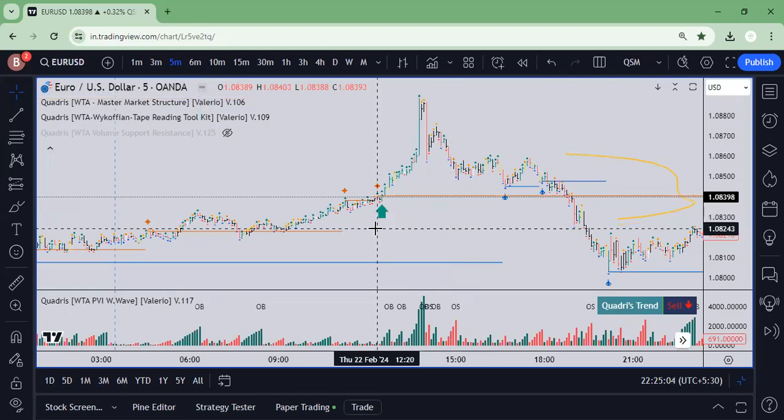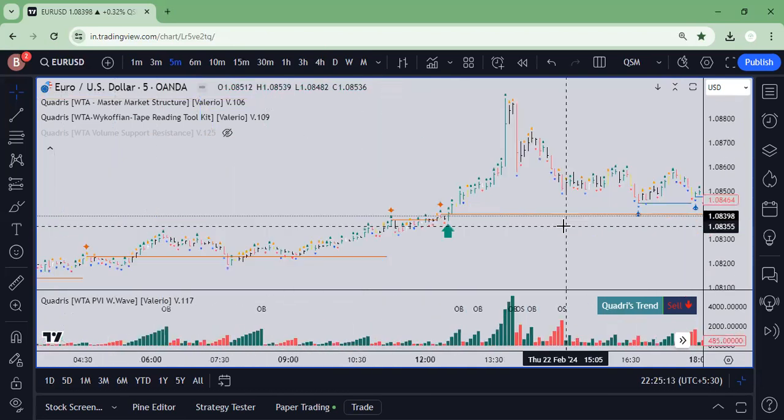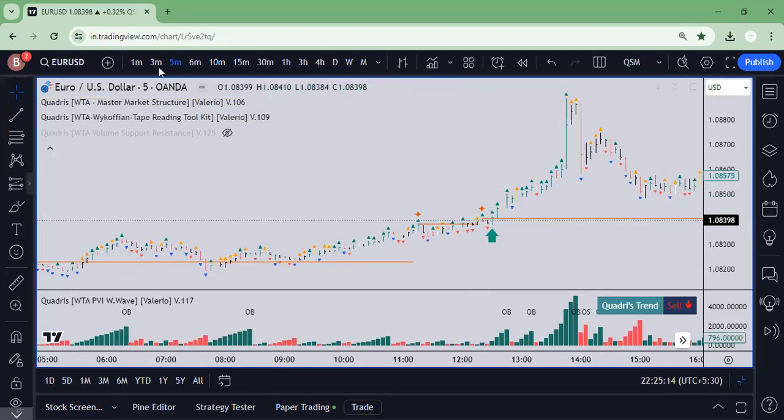This is the second trade which I've initiated on 22nd Feb. The reason is simple. This is a resistance breakout, test of resistance, and this is trade setup 2.